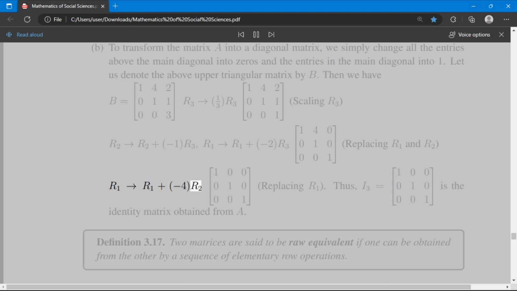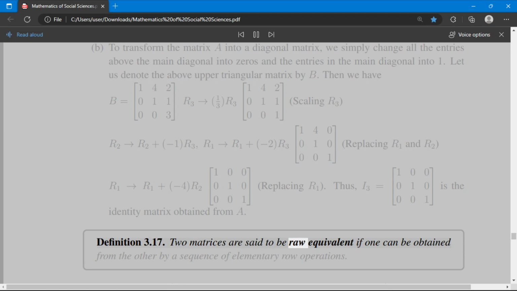R1 rightward arrow R1 plus (-4) R2 gives 1 0 0 0 1 0 0 0 1. Replacing R1. Thus, I3 equals 1 0 0 0 1 0 0 0 1 is the identity matrix obtained from A.